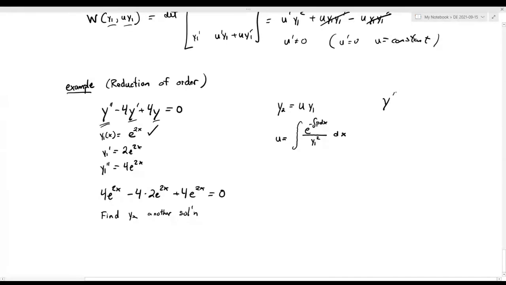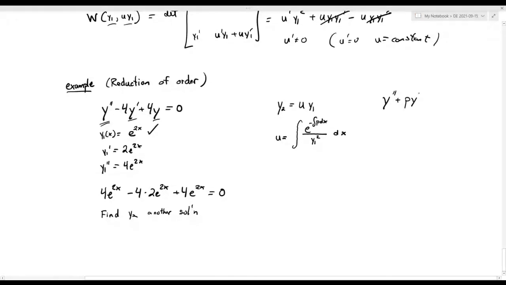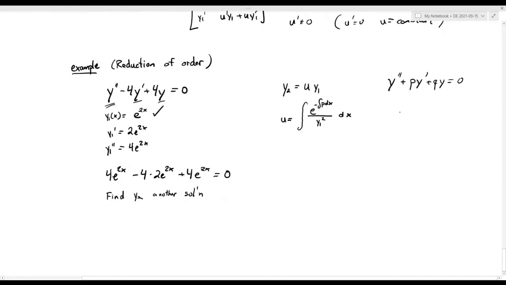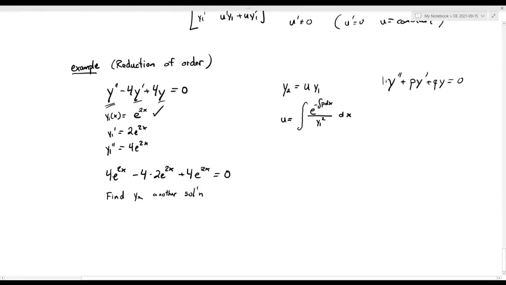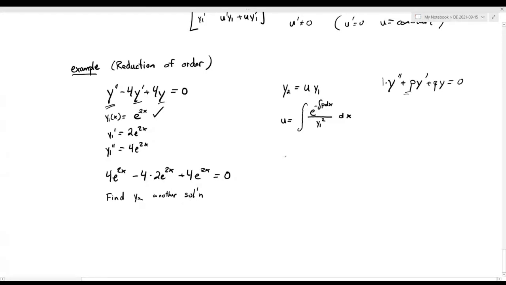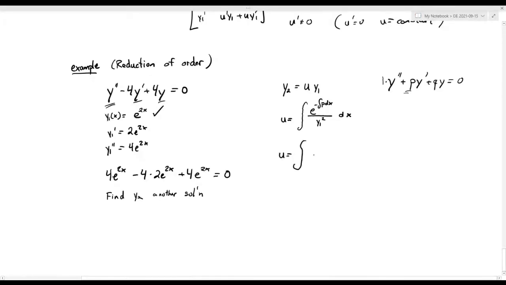Remember that we're looking at this conventional form for our second order linear differential equation. Once you write it in the standard form, the coefficient for y double prime should be 1. You identify p as the function that multiplies y prime. So p here would be the negative 4.